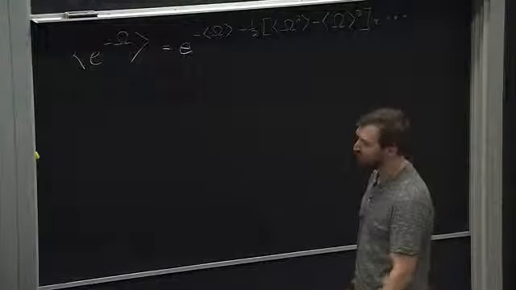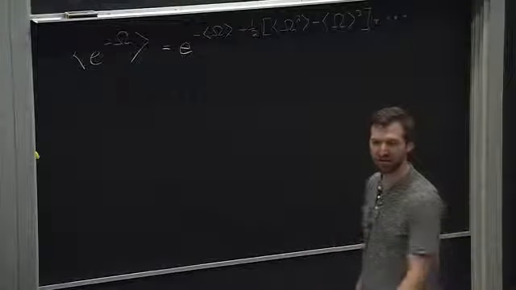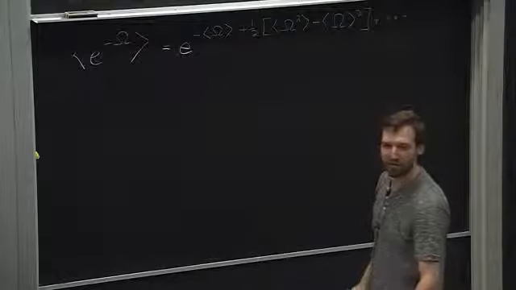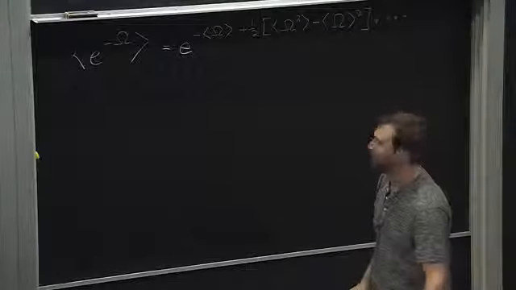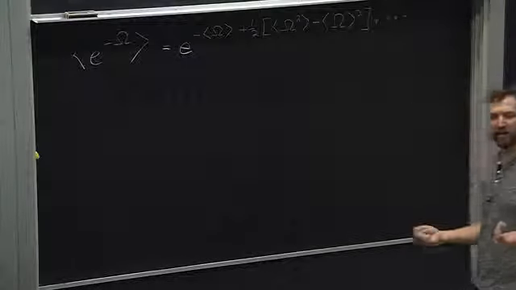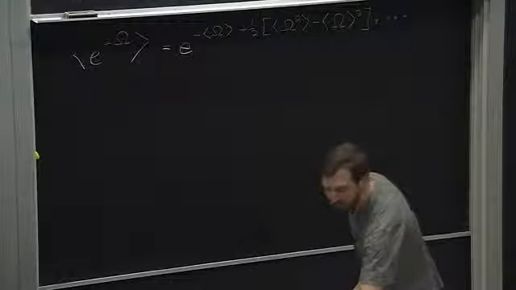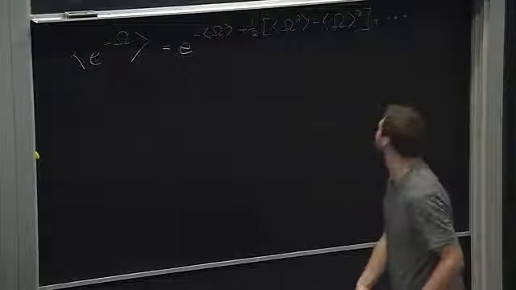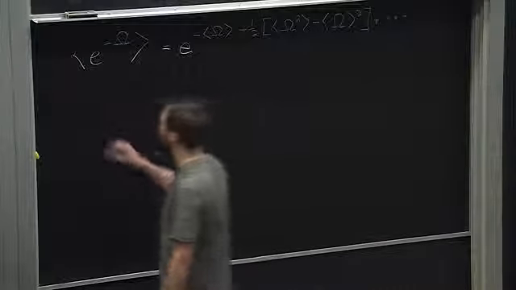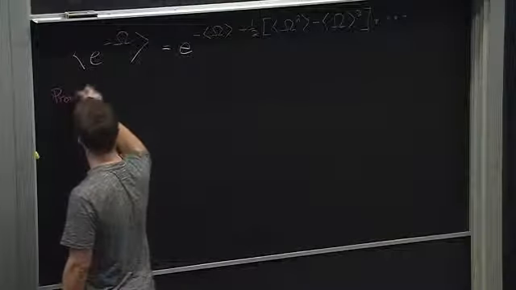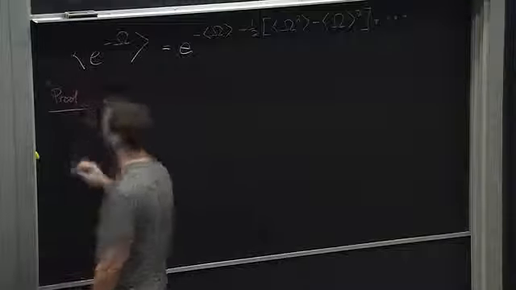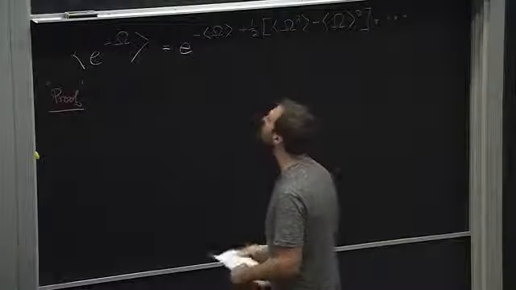Where does that come from? Who's seen this before? Who hasn't seen this before? A cumulant expansion. So there's a proof you can do with generating functions, but we're only going up to second order. So I think the best way to see this is just to look at both sides.